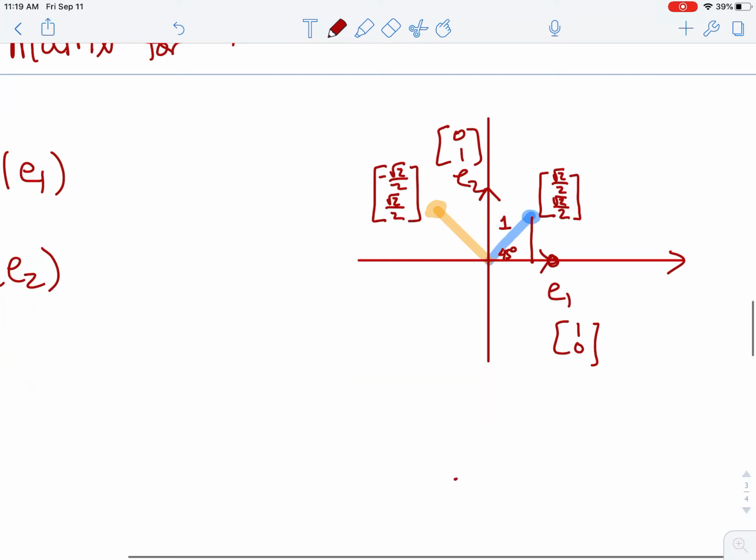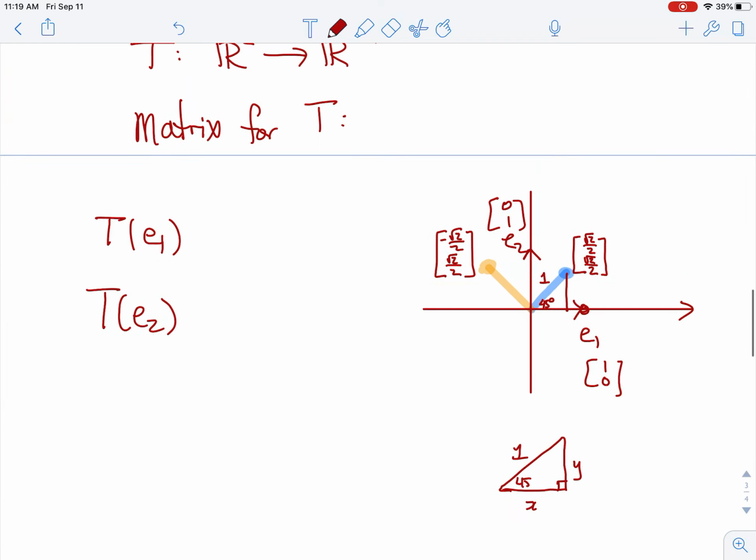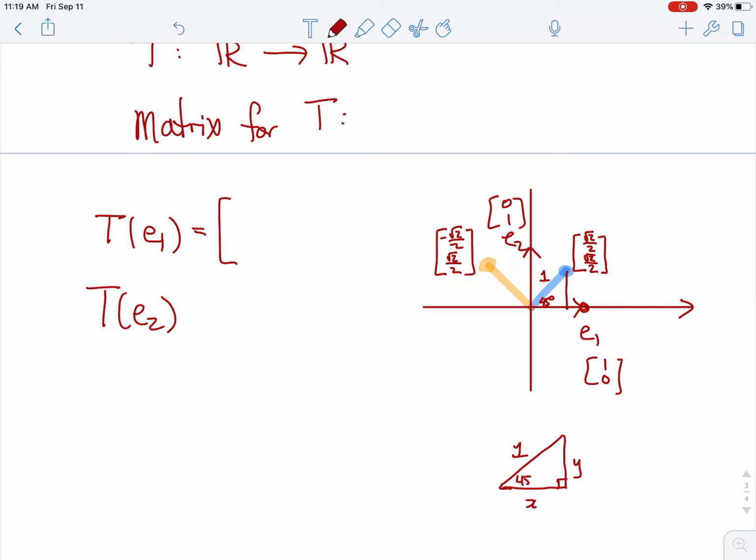So go ahead and pause the video if you're confused as to what's going on there. It's just really a trig problem. So if you have a 45 degree triangle, you know the hypotenuse is 1. I just want you to work out what the x coordinate and the y coordinate of that point should be. Okay. And so what did we see? We saw that that first vector got sent to this value, and the second vector got sent to this value.